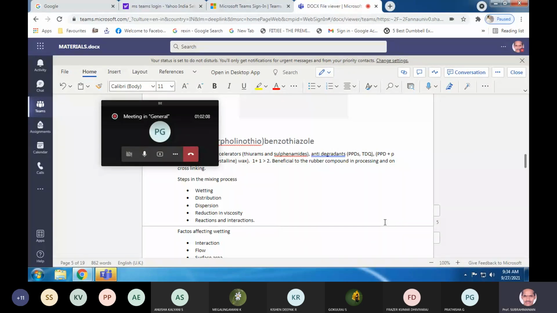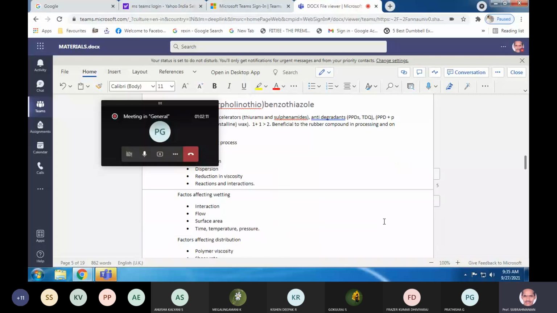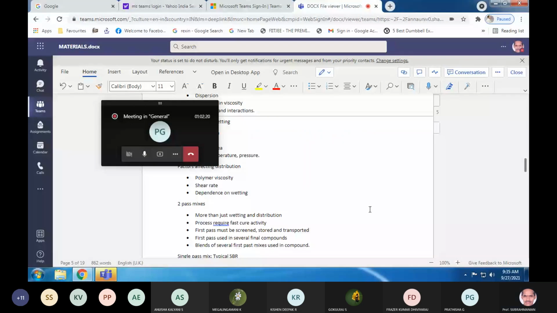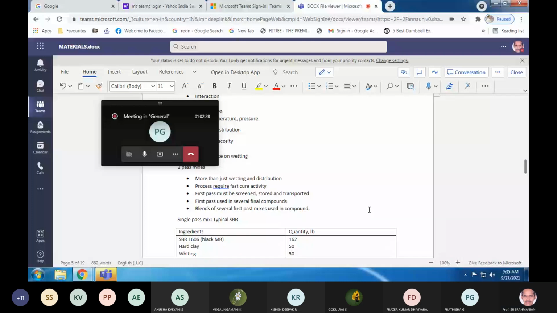Right. What are the factors that affect the wetting? We have discussed this in detail. Viscosity, shear rate, wetting, etc. In case of the mixing, you may study in detail in rubber processing, but in a number of cases, we do the mixing in stages, right?